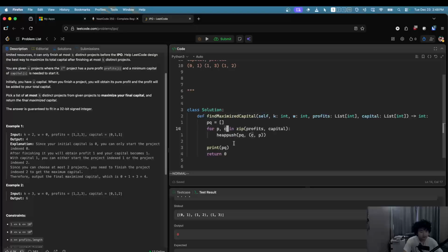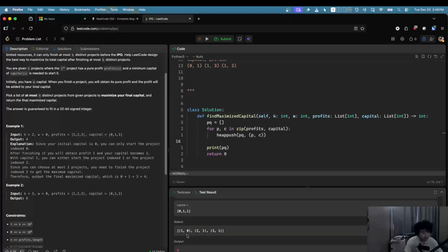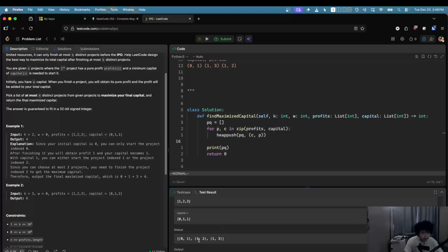What if I switch to 2? So I prioritize profits over capital. If I prioritize profits, it still would not work though, because just because it's a smaller profit doesn't mean that you need smaller capital. I don't think there's a correlation there. So order by that, but 0, 1, 1, right?